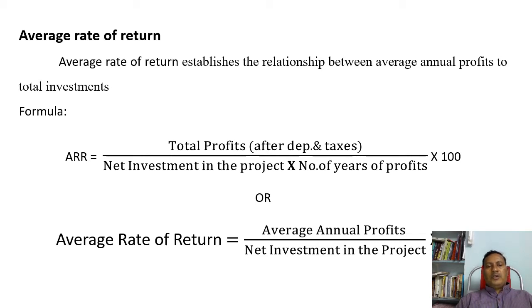The average rate of return is calculated with the formula: total profit after depreciation and taxes divided by net investment in the project into number of years into 100. Or, instead of total profits after depreciation and taxes, we take average annual profit divided by net investment in the project into 100.